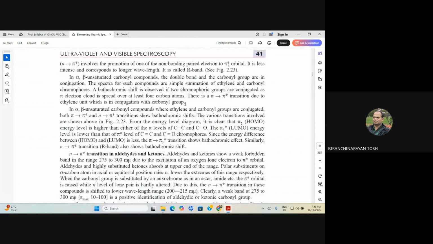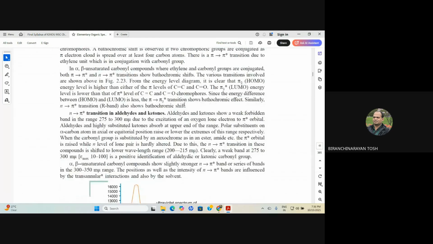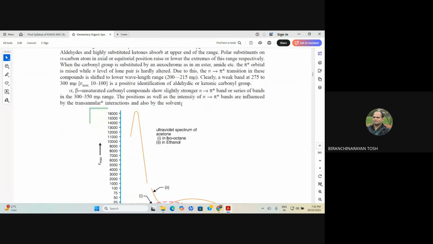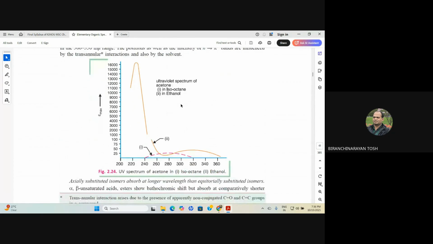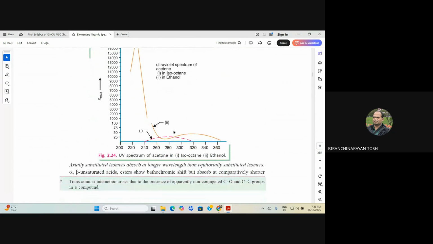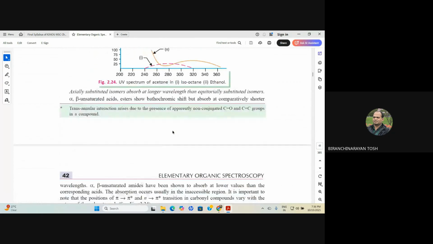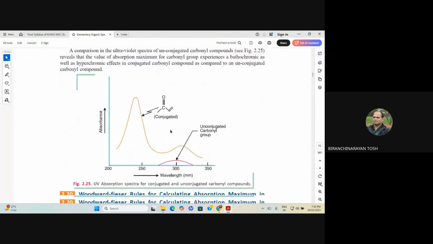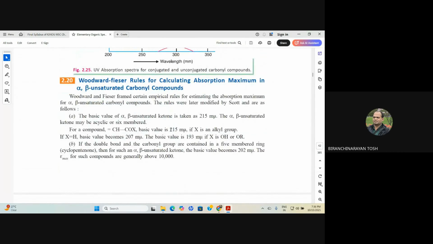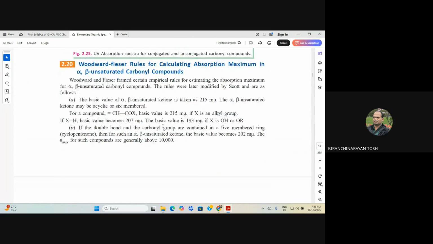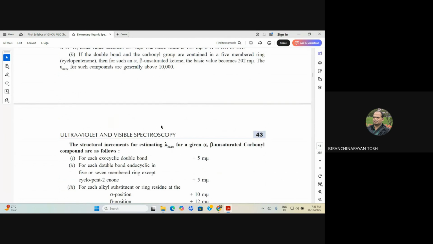So in this case, the transition occurs towards the visible region. So it increases if conjugation increases, and that we also find out by the rule, that is the Woodward-Fieser rule. So in case of alpha beta unsaturated carbonyl, you have to go for the rule.